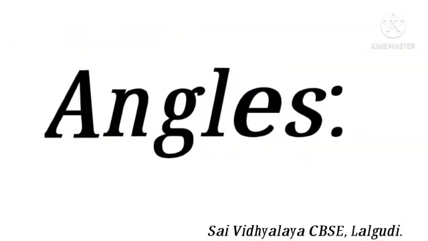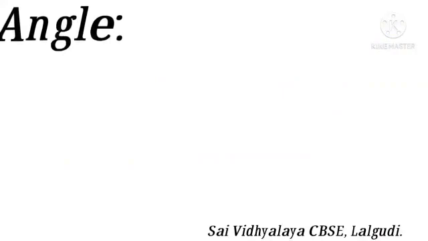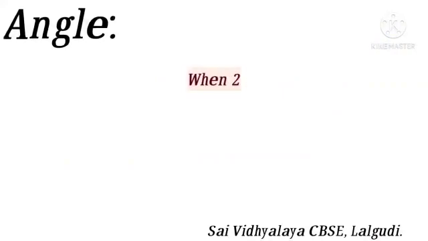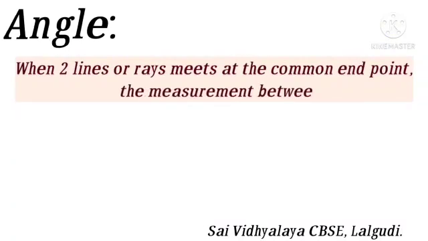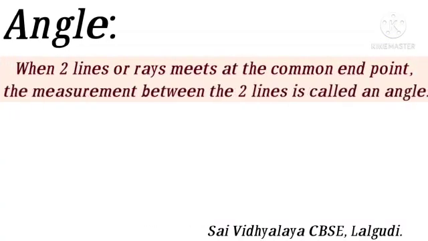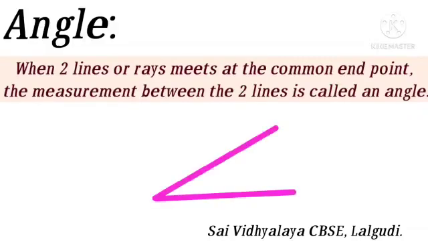Next, angles. When two lines or rays meet at the common endpoint, the measurement between the two lines is called an angle. Look at this picture.